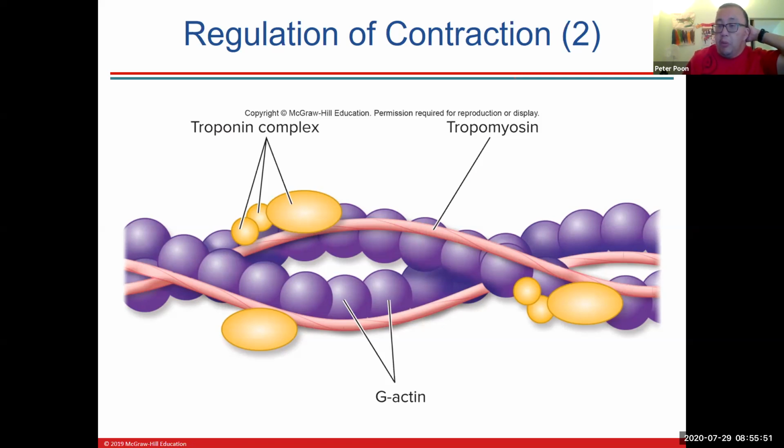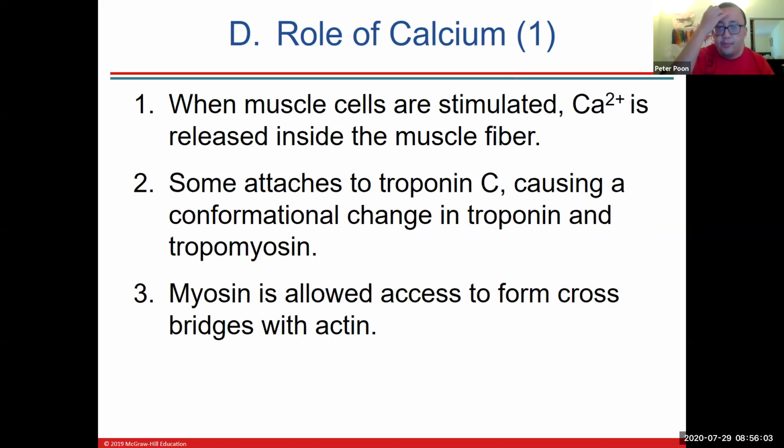Okay, so the tropomyosin attaches to the actin myosin binding site, so it prevents the myosin from binding to the actin. But you have the troponin complex on top of it. What signals muscle contraction is a release of calcium from the sarcoplasmic reticulum.